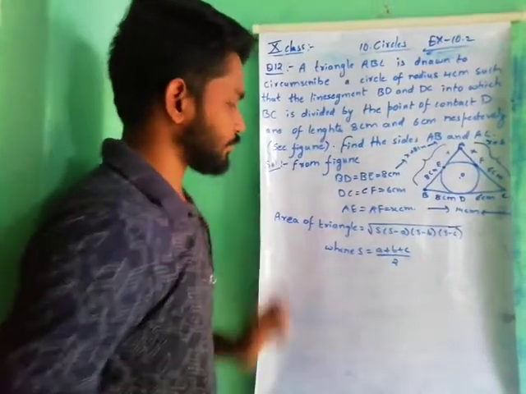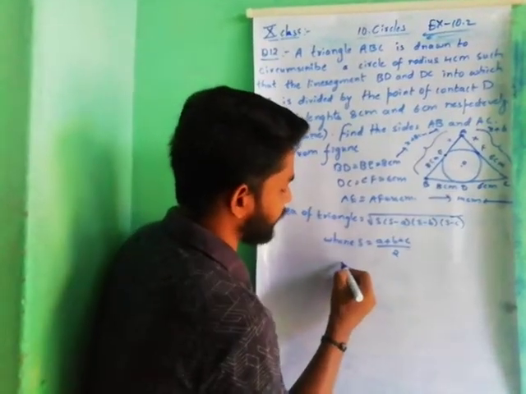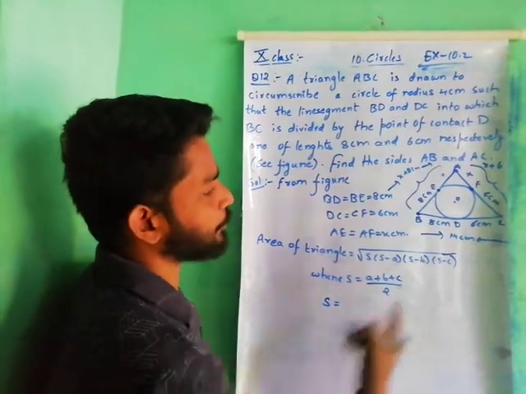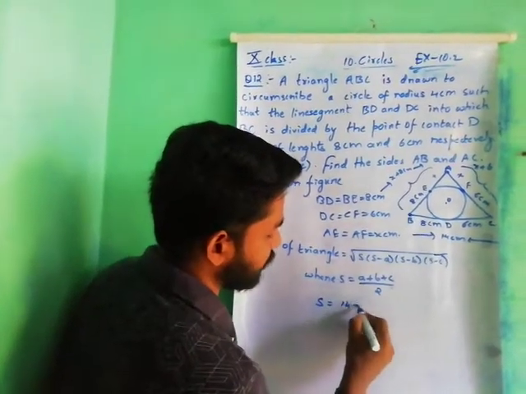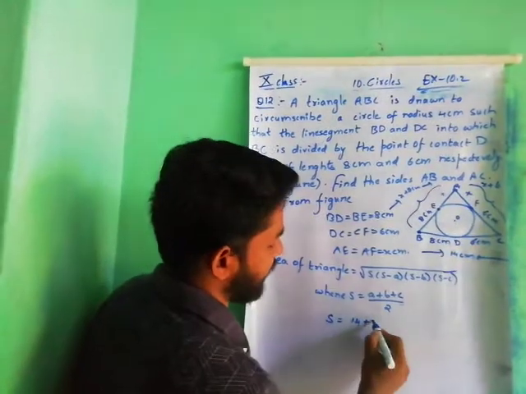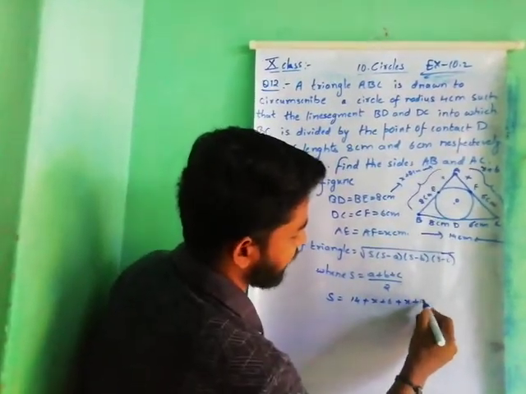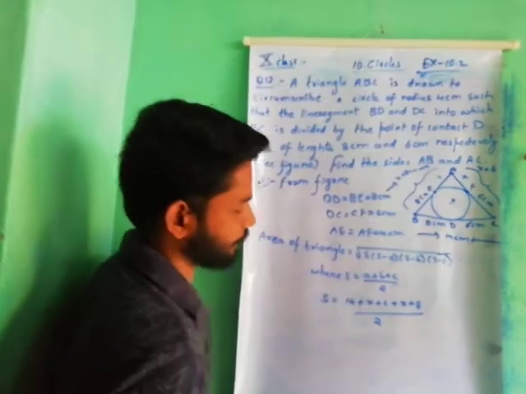Now substitute those values. So first we have to find the s value. s is equal to a plus b plus c by 2. a value 14, b value x plus 6, c value x plus 8, by 2.